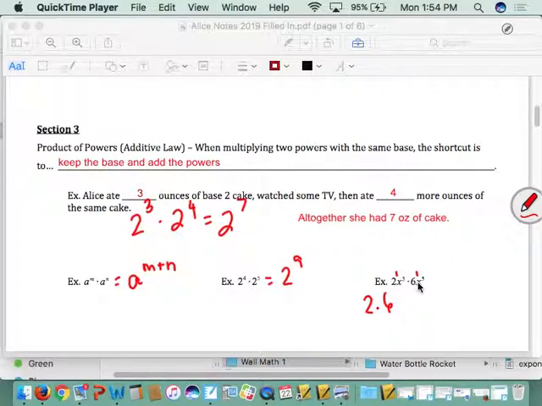X to the 3rd and x to the 5th. We don't know how much greater she will be, but she had 3 ounces of base x cake and 5 ounces of base x cake, and so she had 8 ounces of that type of cake. And so then we take that one step further. 2 times 6 is 12. So it's 12 times x to the 8th.